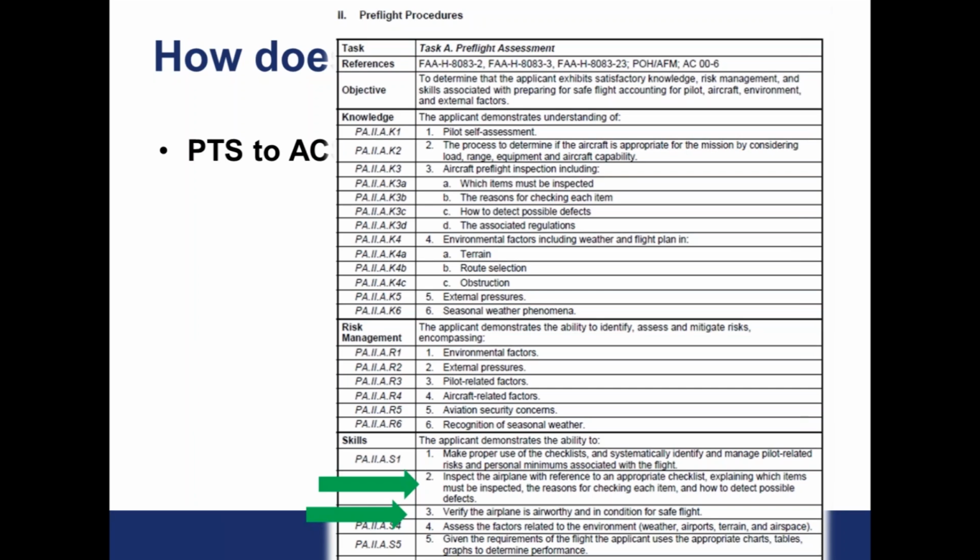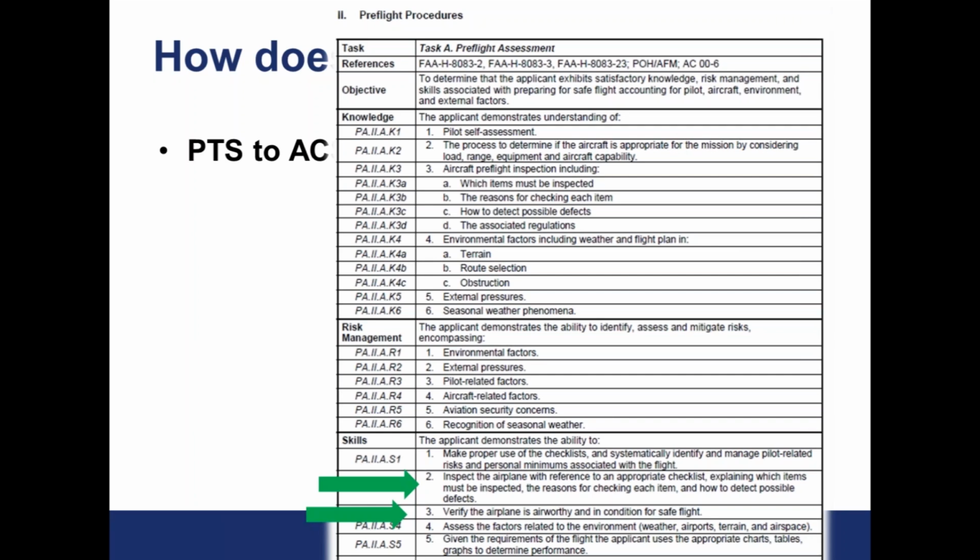I've spent some time explaining to you why we had such an increase in count. I want to point first to the green arrows. Those green arrows on this page represent the original elements, the things that were carried in from the PTS. And then I want to point out the upper section there, the knowledge elements.